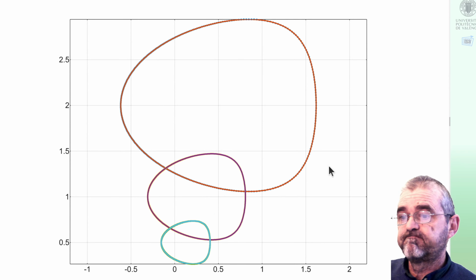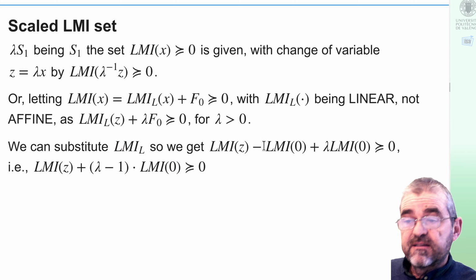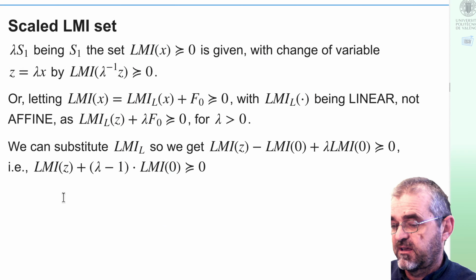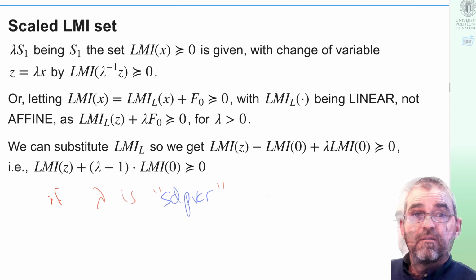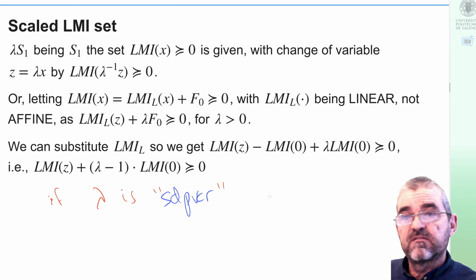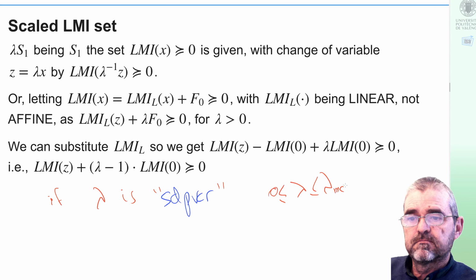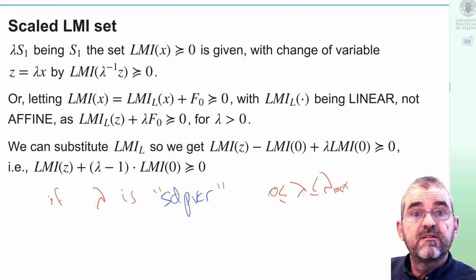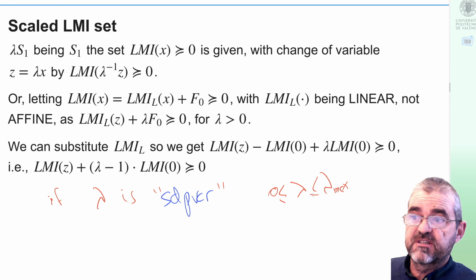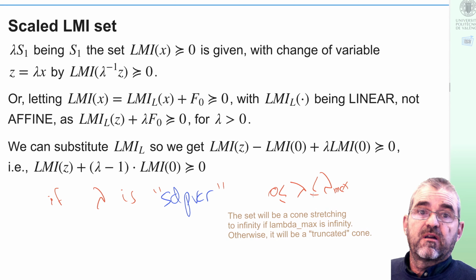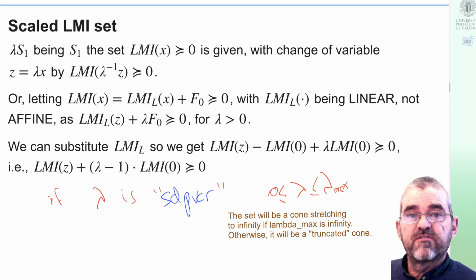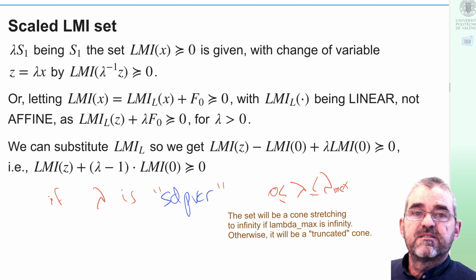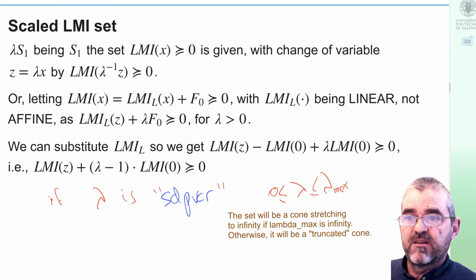And also, if lambda is not a constant but a decision variable, and I tell lambda to be in an interval with both non-negative ends, say this thing, then this LMI set will be a lifted one whose projection will be the union of all those scalings, and that will be a cone if I put a photographic camera at the origin throwing rays through the LMI set.